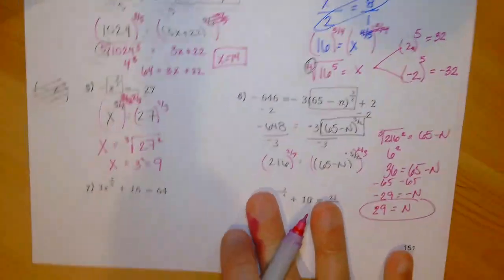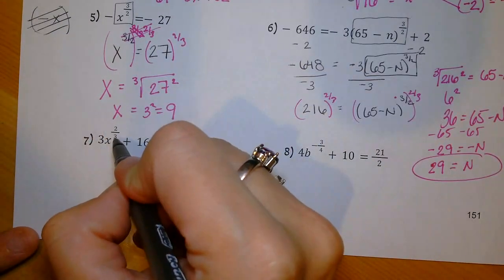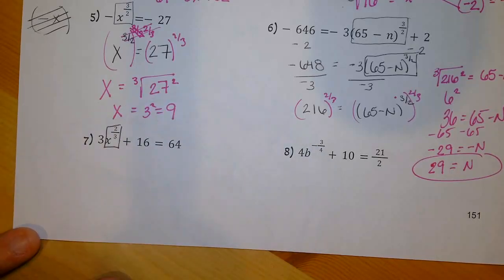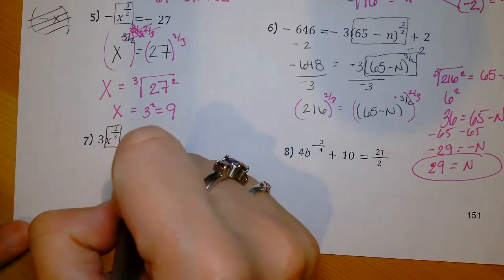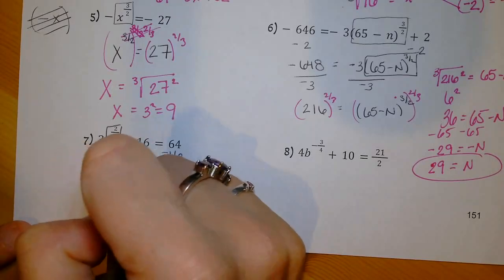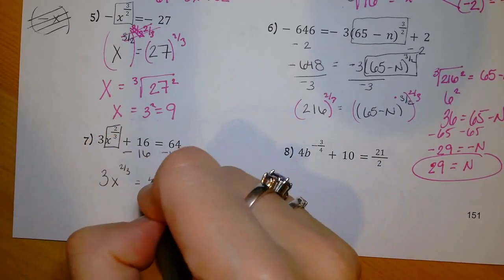You're doing great. Let's try the last 2 here. Again, I'm going to box in that 2/3 is only on the x. So move number 1, I'm going to subtract my 16. So I have 3x to the 2/3 is equal to, is that going to give me 48?